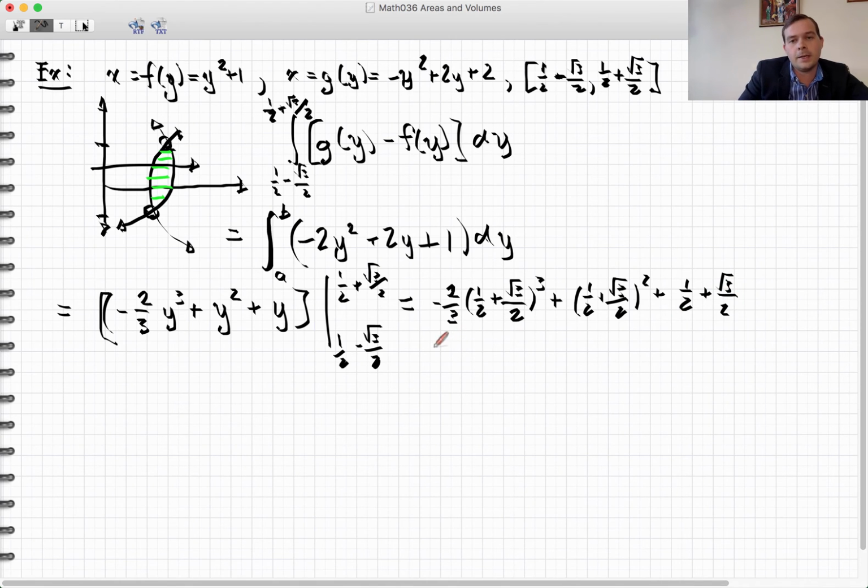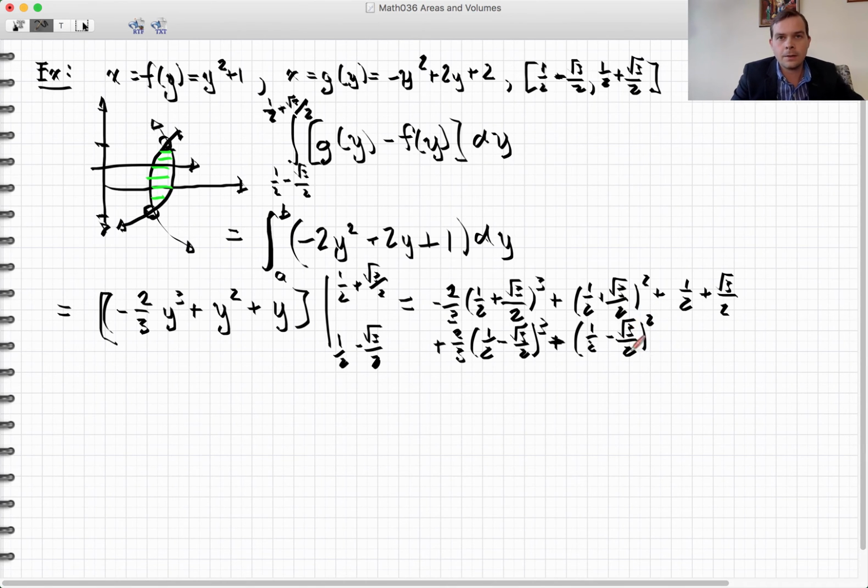And at the lower limit, I negate everything, and then I evaluate this guy instead. So I get plus 2/3, right? I just have opposite sign. 1/2 minus square root 3 over 2 cubed plus, minus 1/2 minus square root 3 over 2 squared. And again, minus 1/2 plus square root 3 over 2.